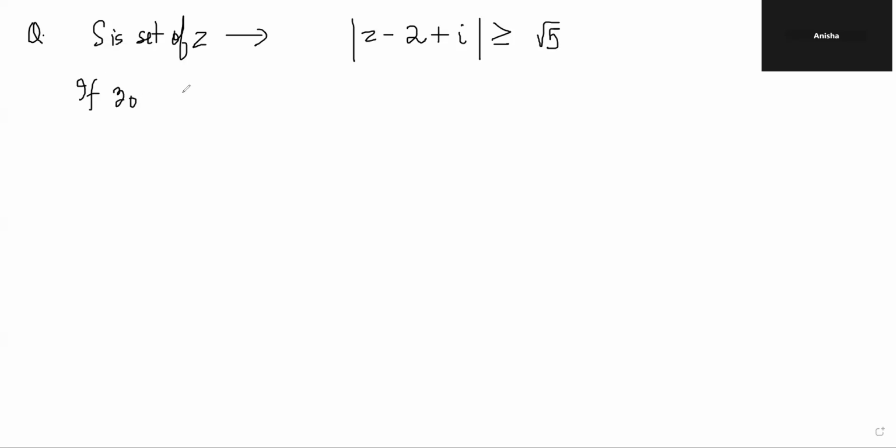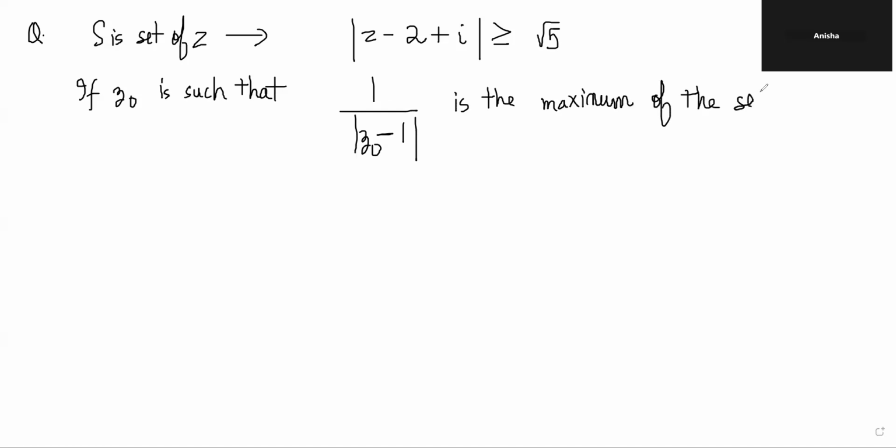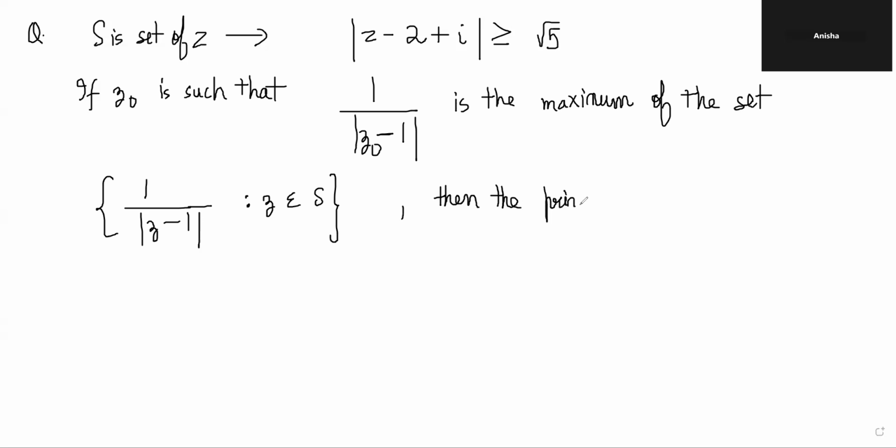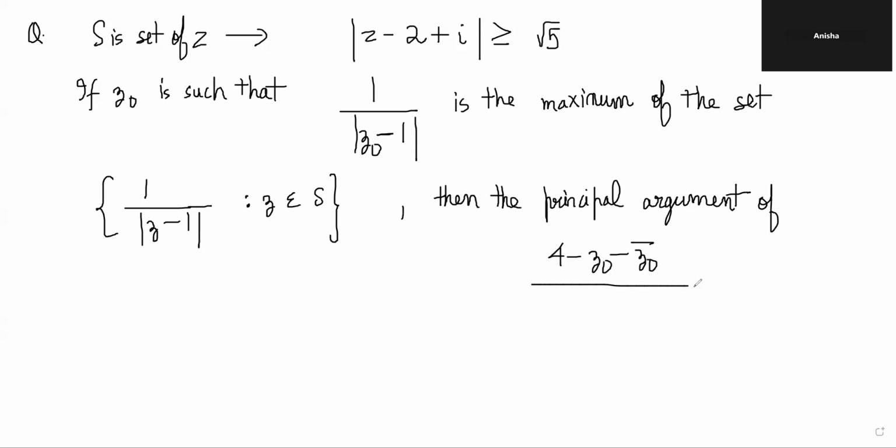If Z naught is such that 1 by mod of Z naught minus 1 is the maximum of the set 1 by mod of Z minus 1 such that Z belongs to S, then the principal argument of 4 minus Z naught conjugate divided by Z naught minus Z naught conjugate plus 2i is what?